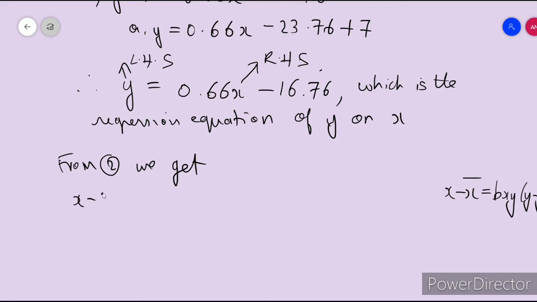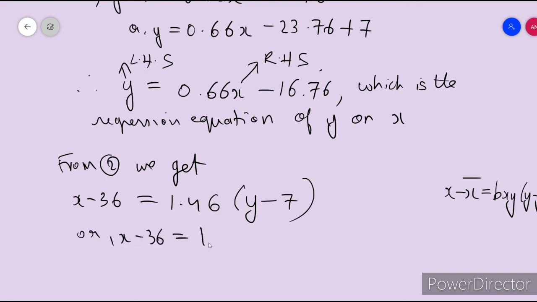So x minus 36 equals 1.46 times y minus 7, the arithmetic mean of y, or x minus 36 equals 1.46y minus 10.22, since 7 into 1.46 is about 10.22.